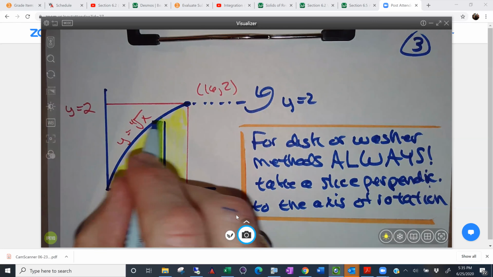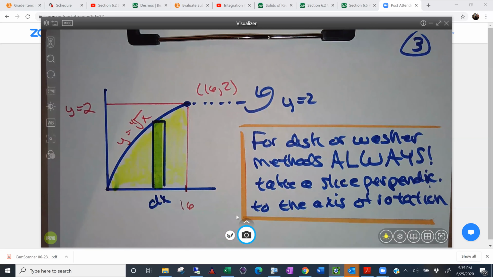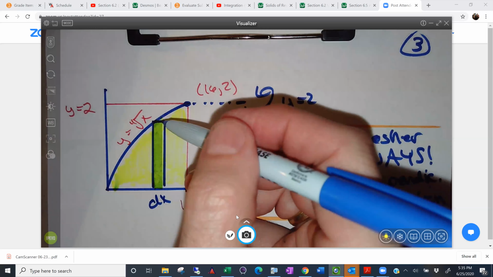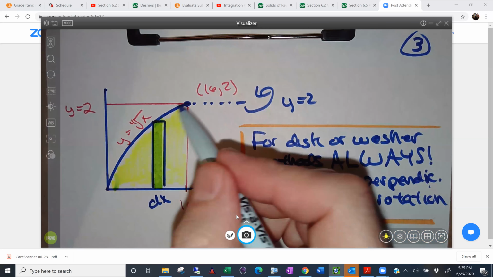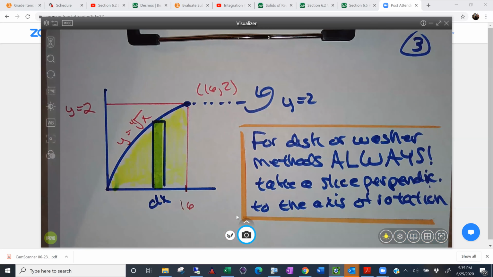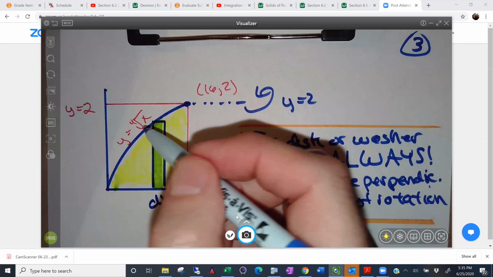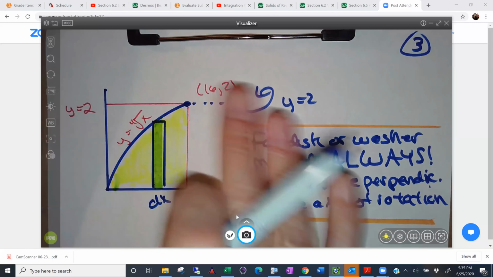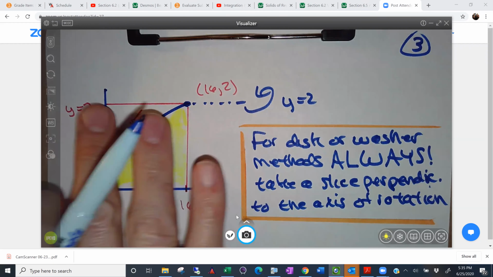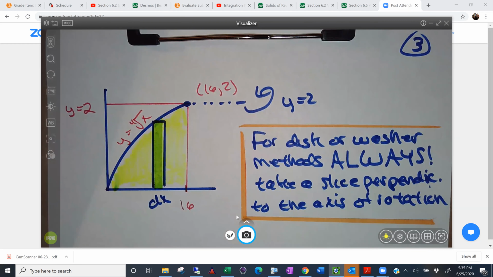Nothing wrong with that. But the direction you take your slice here is dictated by the fact that you're doing a disk or washer method. But there's something different about this one. Take a look at my region. In contrast to the last one, is this region flush? Is it tightly against my axis of rotation, or is there a gap? There's a gap.